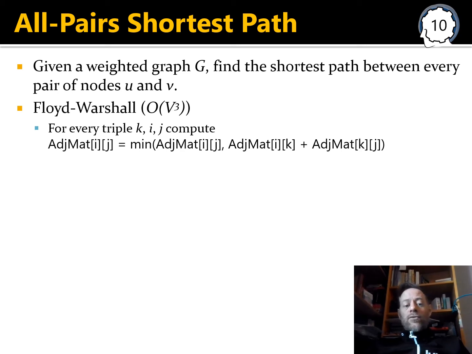It loops over every start node i, every end node j, and then every intermediary node k, and then updates the adjacency matrix by taking the smallest number, either going directly from i to j using the best path found so far, or using this intermediary node k. So this is a 4-line algorithm for computing all pairs shortest paths.